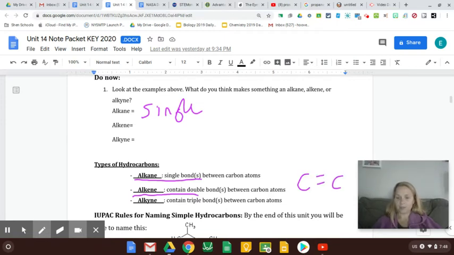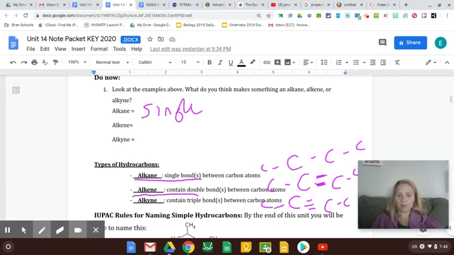Everything in organic is about carbons, whereas alkane is going to be all single. So that alkene could have lots of single bonds in it, but as long as it has one double bond in there, that is going to be an alkene. Alkynes have to have at least one triple bond in them. The rest could be all single bonds, but it has to have at least one triple bond.